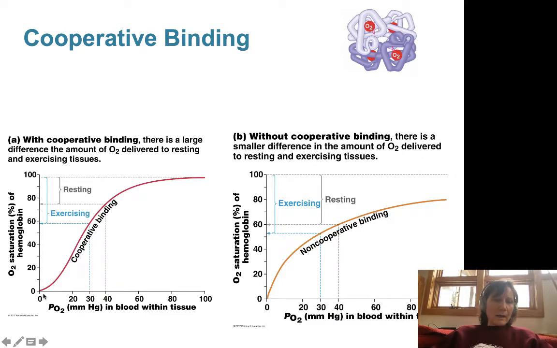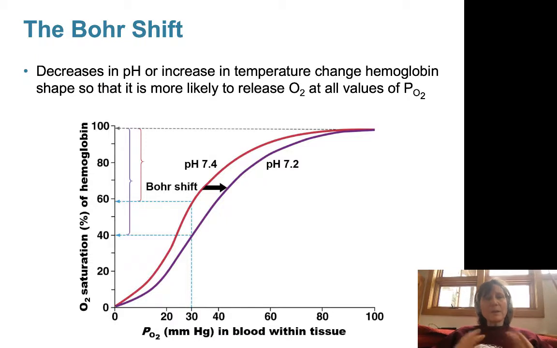And so that's why this curve is incredibly steep. So it's trying to get oxygen to your tissues, and it is getting oxygen to your tissues really, really quickly, and then plateauing off.